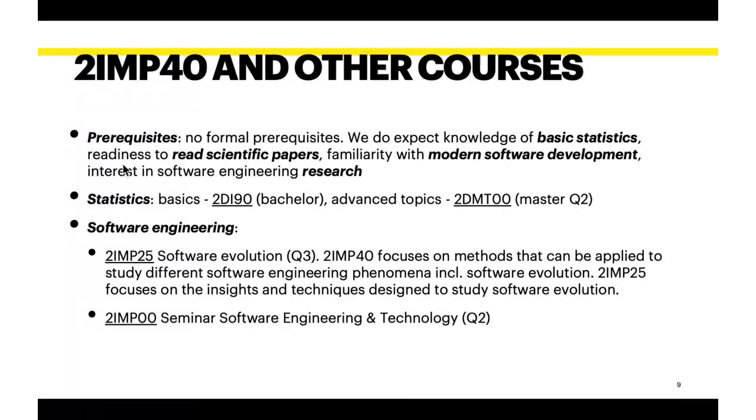Okay, good. Another course that I also need to mention is 2IMP00 Seminar Software Engineering and Technology. It's also a course in Q2. It is usually a course you take before embarking on the master thesis. It is essentially an individual research project organized together with other students who are interested in software engineering topics.